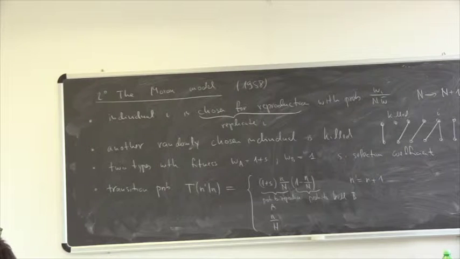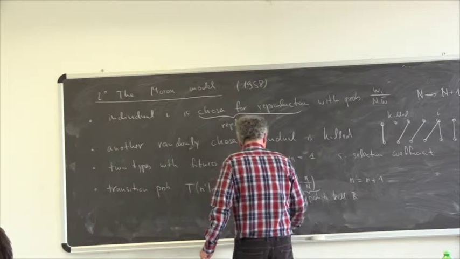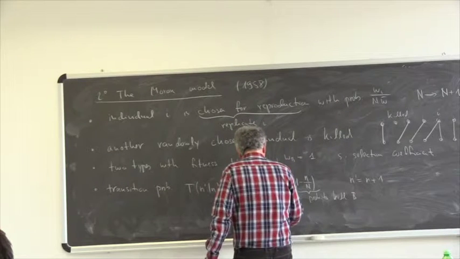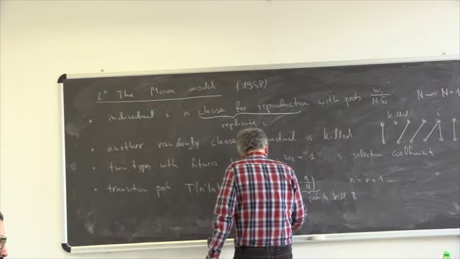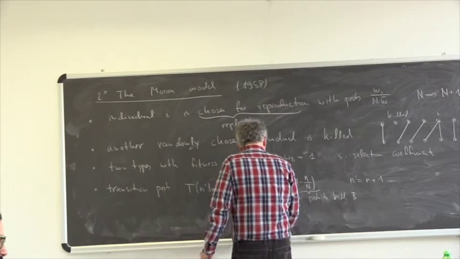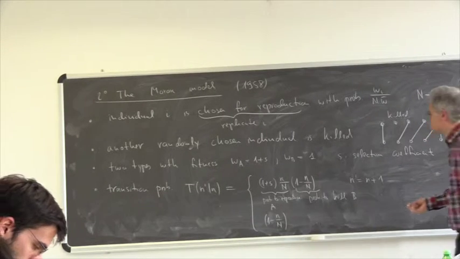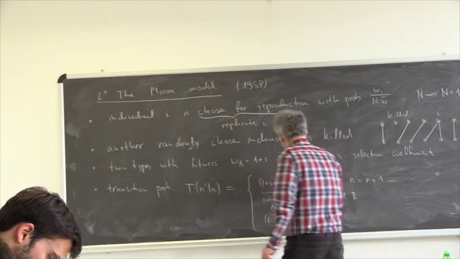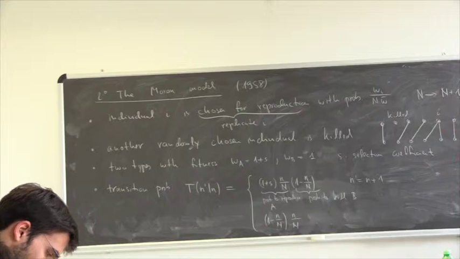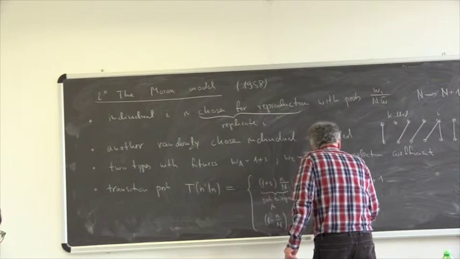Small n is the number of A. Yes, I'm sorry, you're right. So I have to choose a B individual for reproduction. That happens with probability 1 minus small n over capital N, and I have to choose an A individual to kill, and this happens with probability small n over capital N. So under this condition, n prime will be equal to n minus 1.